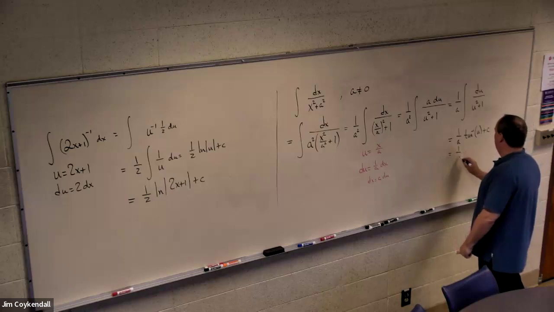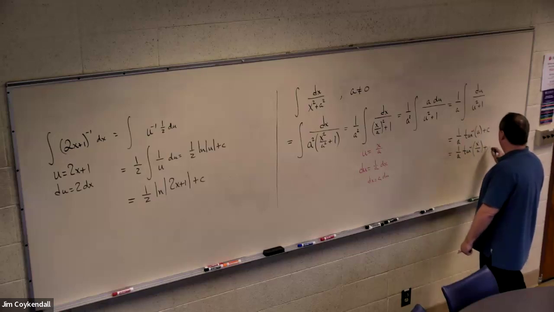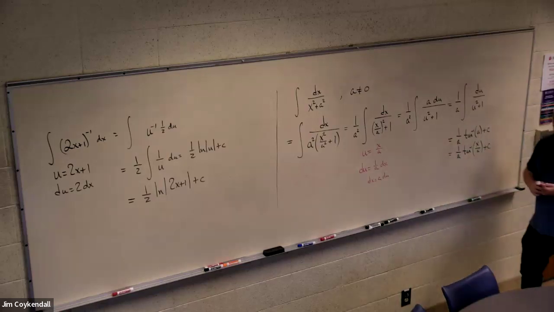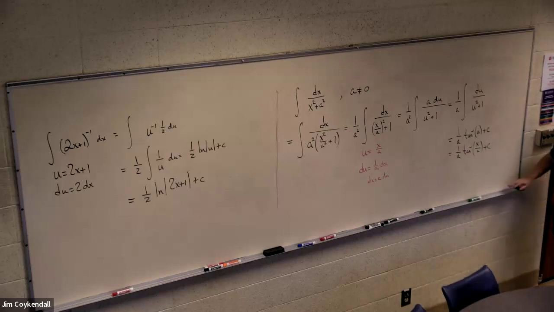So this is 1 over a inverse tangent of x over a plus constant. And again, check it. Any questions?